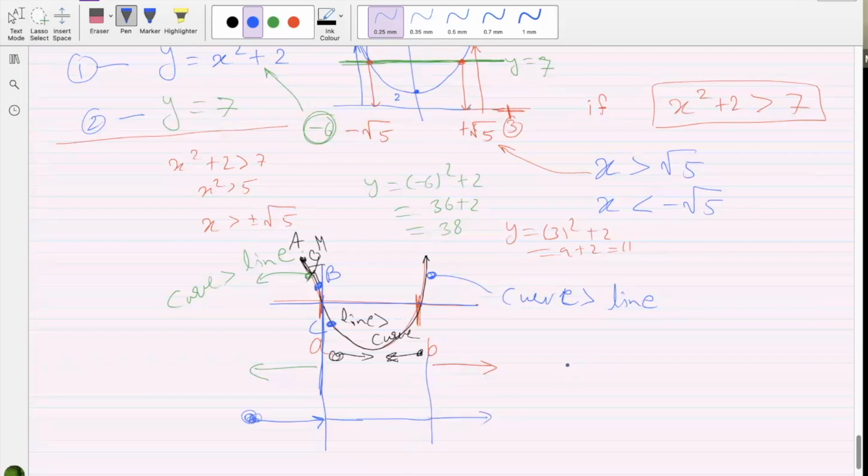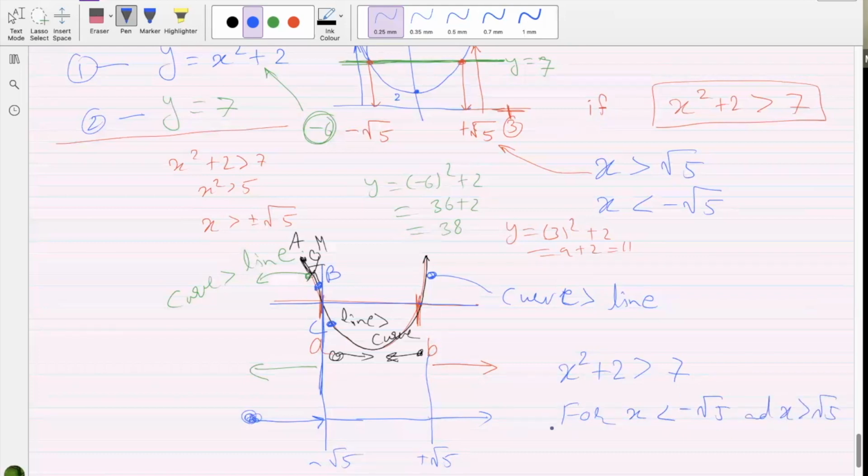So if the question was x square plus 2 is greater than 7, so negative square root 5 and positive square root 5, your answer is that for x less than negative square root 5 and x greater than square root 5, this is true.